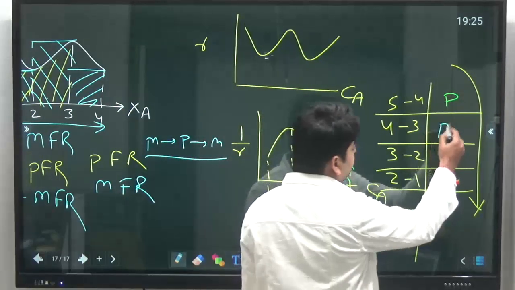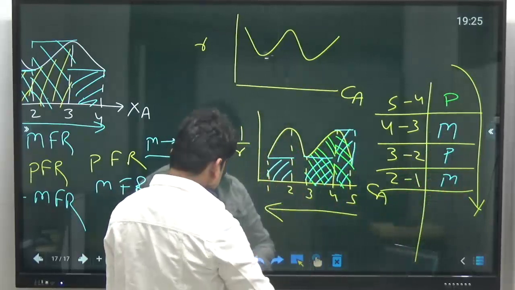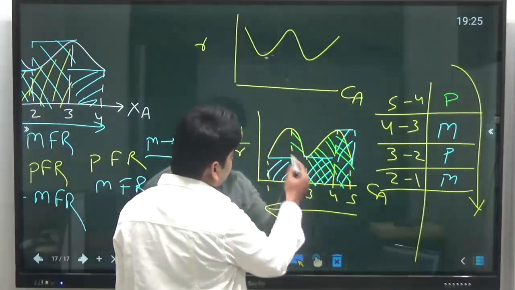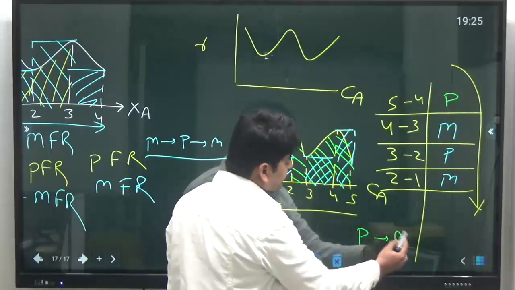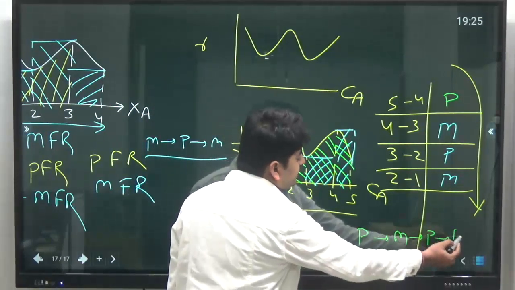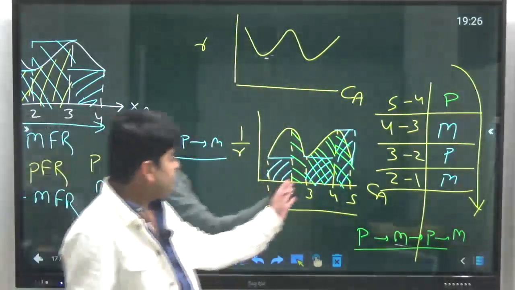So MFR requires less area, I will prefer MFR. So similarly you can check. The sequence will be PFR followed by MFR followed by PFR followed by MFR. That is my answer.